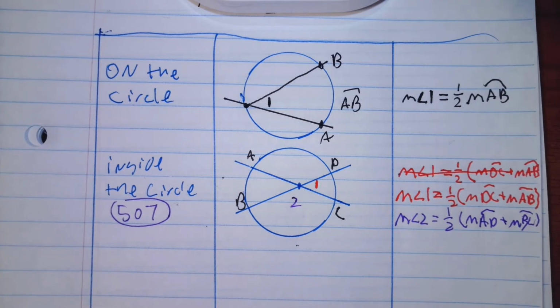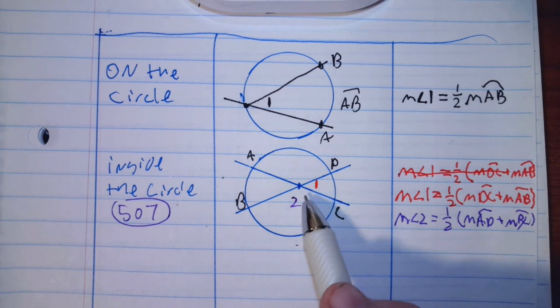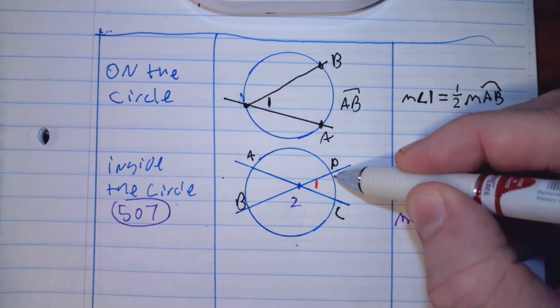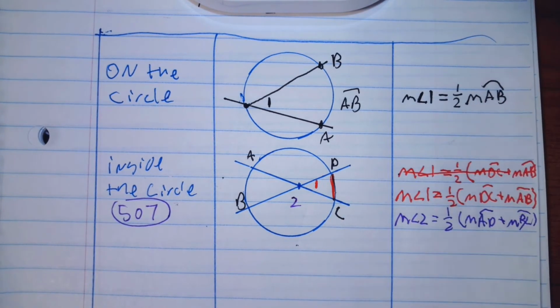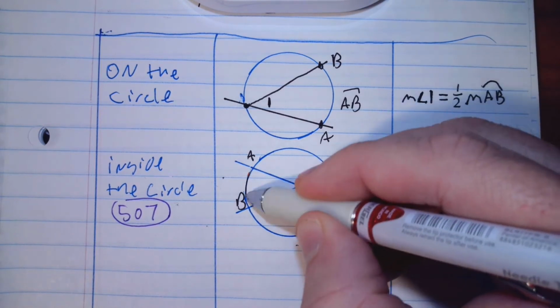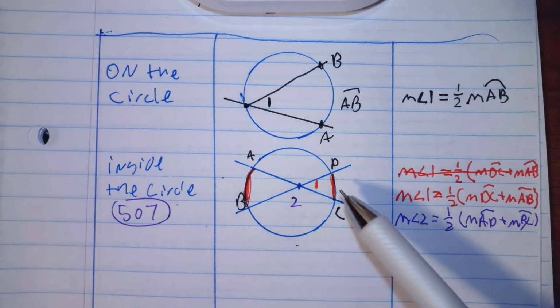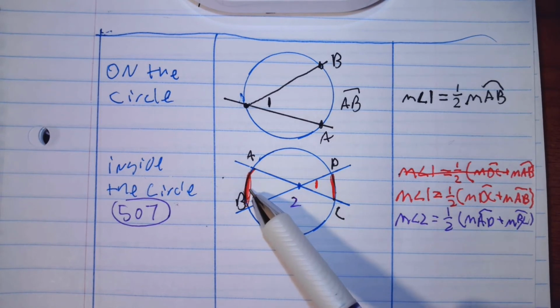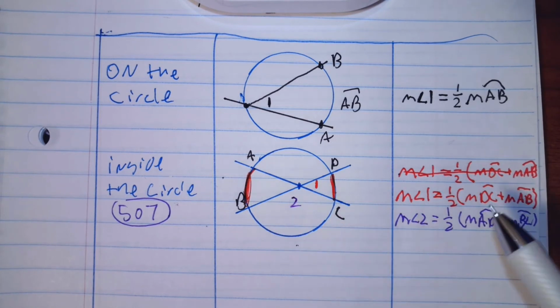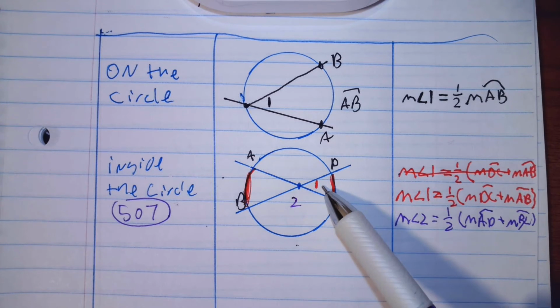Okay, so basically, let's look at 1 here. 1 is looking at DC right here, and it's looking at AB. Okay, so basically we just add those two arcs together, divide by 2, and that's going to equal measure of angle 1.